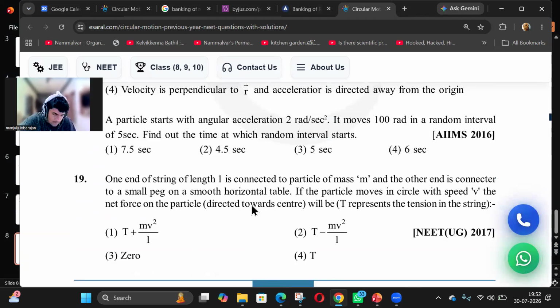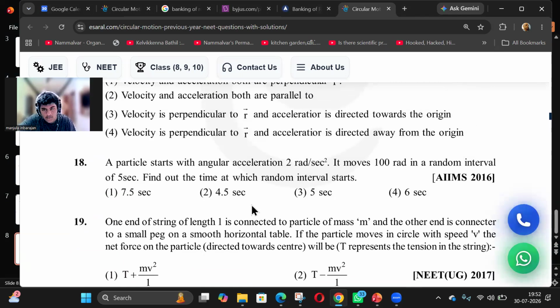This thing, 18th one. They have given angular acceleration alpha, and the rate is also given, T also given. So what was the formula again in angular acceleration?